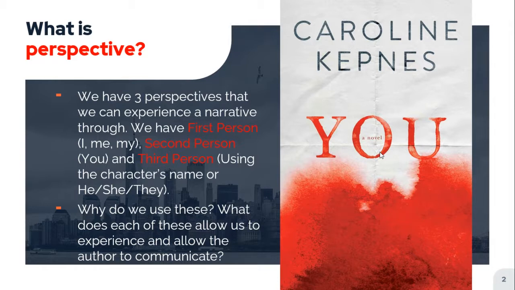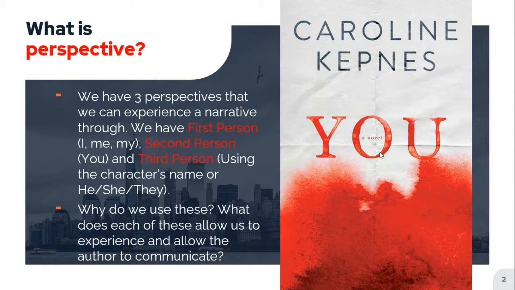So what is the point of each of these? I'd like you to take a minute, think about this. Why do we use a specific perspective? I want you to think about this in two respects. I want you to think about what does it do for us as the readers when we are reading something from a perspective?